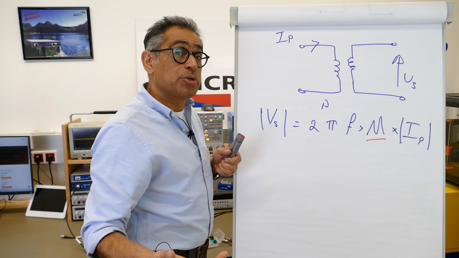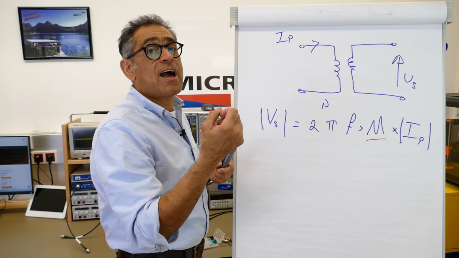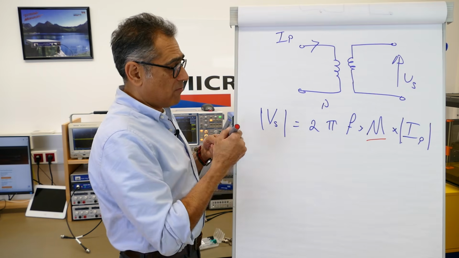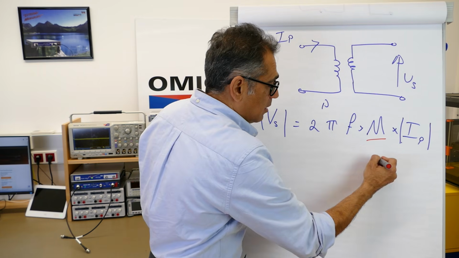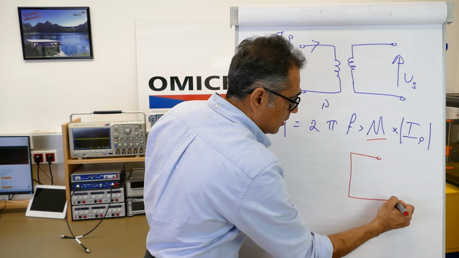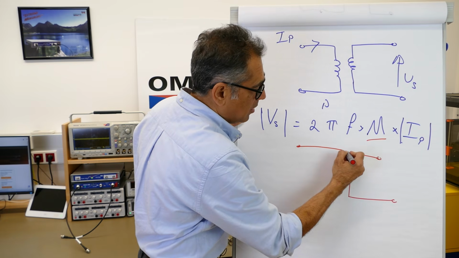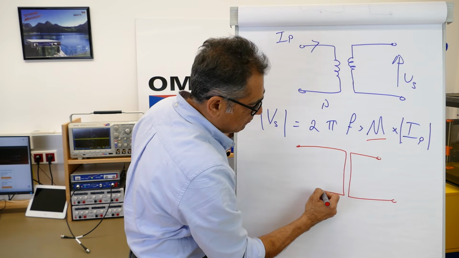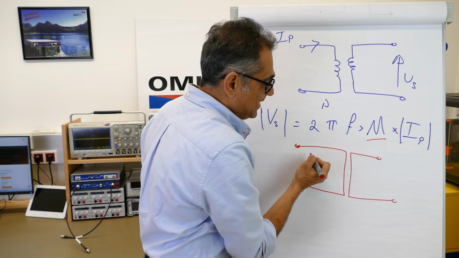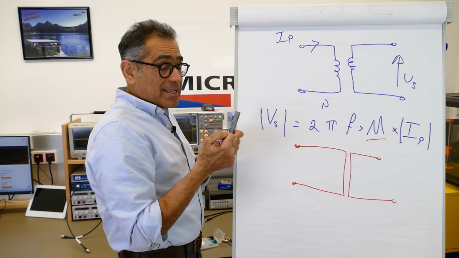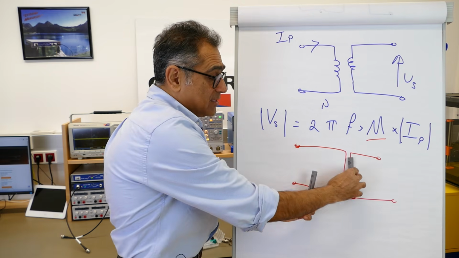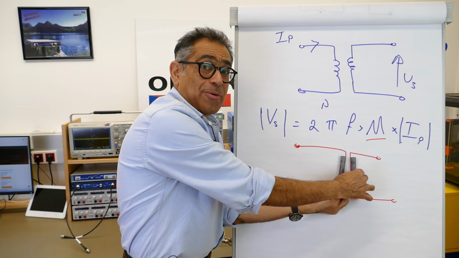Now, let us push this to an extreme whereby I only have one winding. So I have got one winding on the secondary, I have one winding on the primary, they are very close to each other. This is exactly like two PCB tracks next to each other on our PCB.